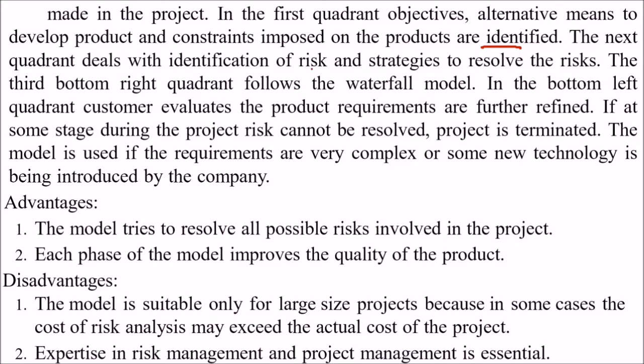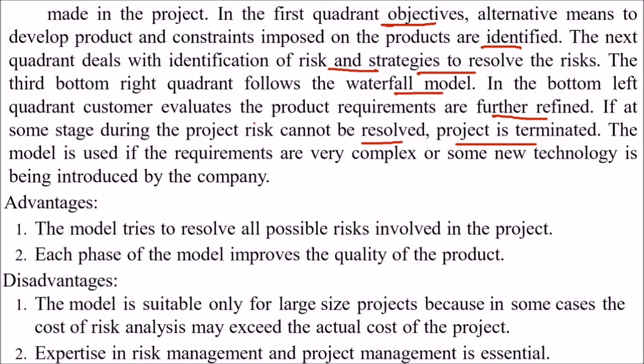The second quadrant deals with the identification of risk and strategies to resolve the risk. The third, bottom right quadrant follows the waterfall model, and in the bottom left quadrant, the customer evaluates the product and the requirements are further refined.